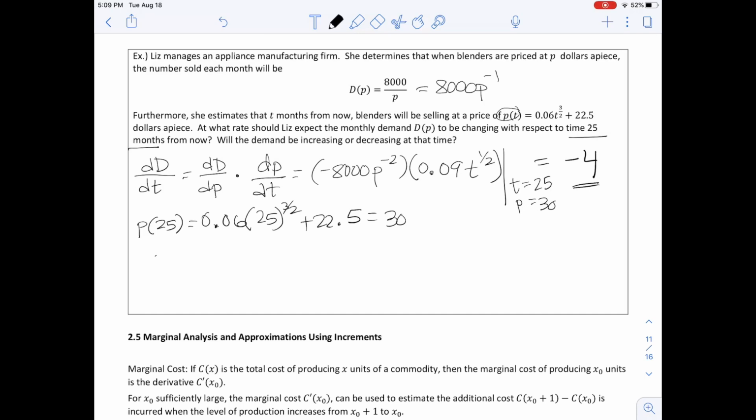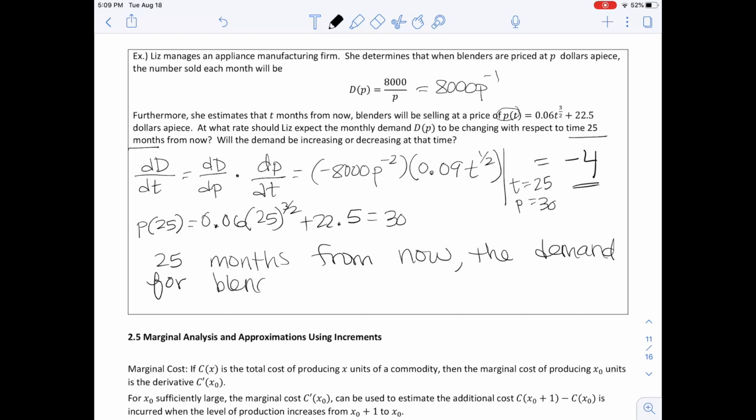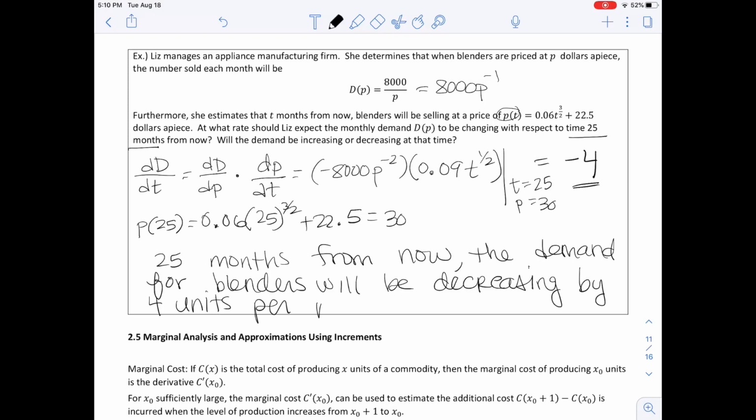And so what this means is that 25 months from now, the demand for blenders will be decreasing since it's negative, by 4 units per month.